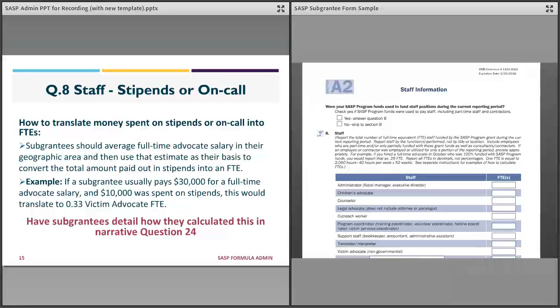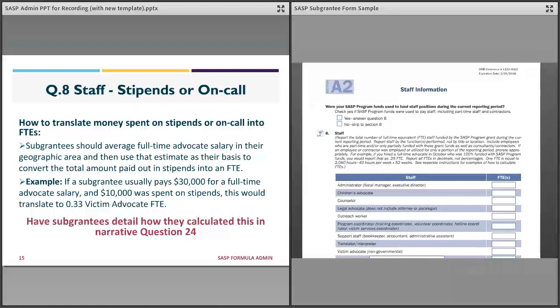There are ways to translate money spent on stipends and on-call staff into FTEs. The money spent on stipends for advocates, for example, should be translated into an FTE by estimating an average of what a full-time advocate is paid in an annual salary in the subgrantee's state or area.